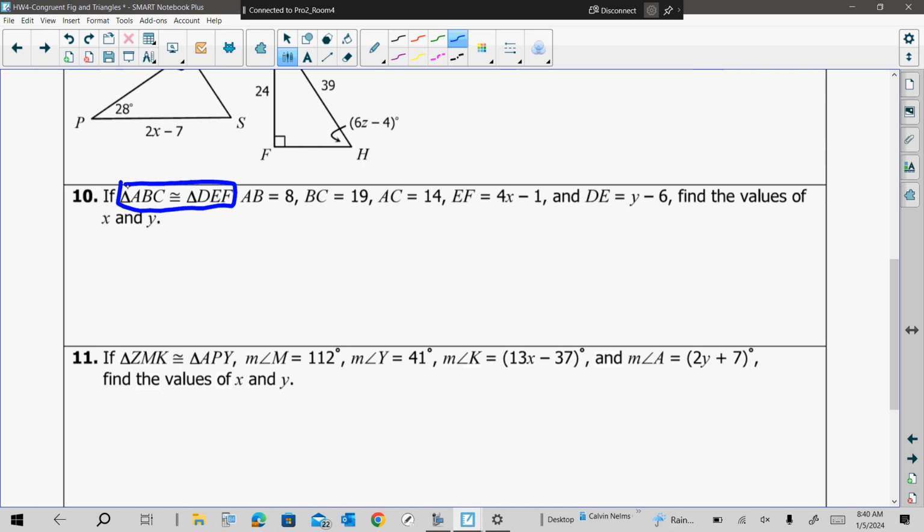So like if I start with this first part, it says AB. Well, that's the first 2 letters. AB is congruent and corresponds to DE. So my 8 equals, and right here they tell me DE is the y minus 6. And now I can solve for the variable.